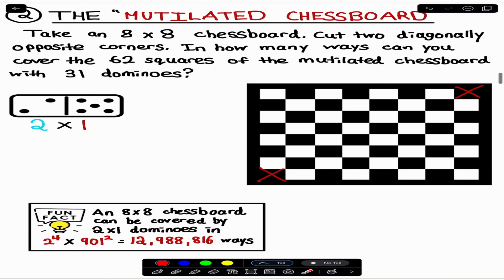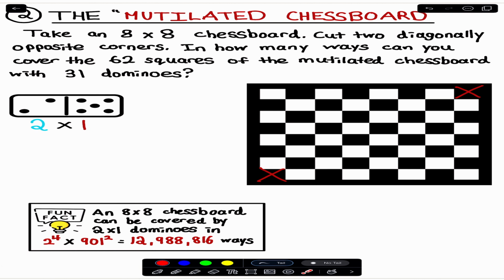I just chose a random domino icon. The important thing is the measurement of the domino basically just covers like this, 2 squares. So we have 31 dominoes, and how many ways can we tile it, right? Can we tile this funky chessboard, this mutilated chessboard with these 31 dominoes?